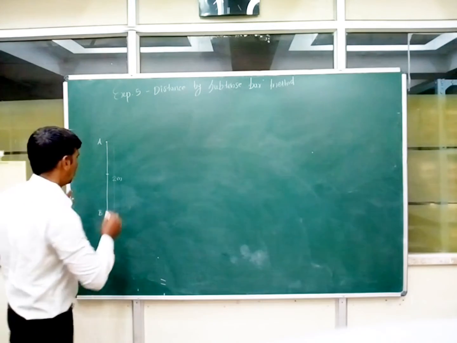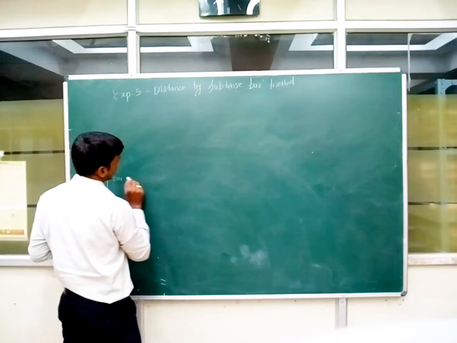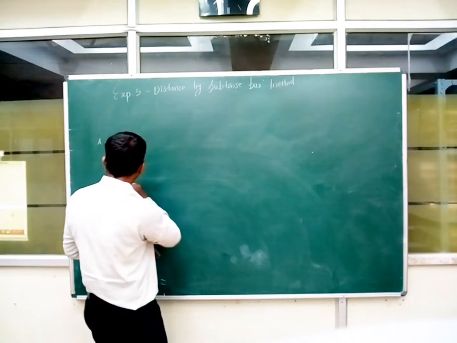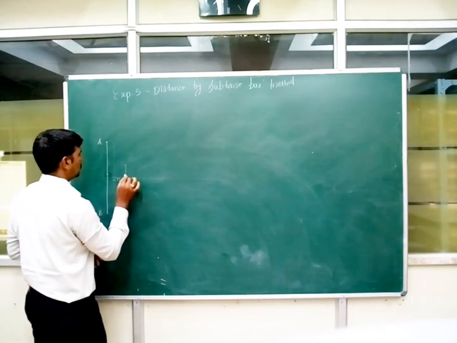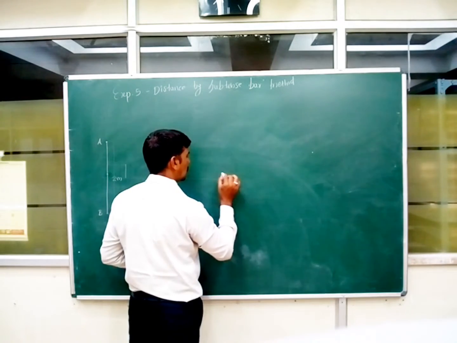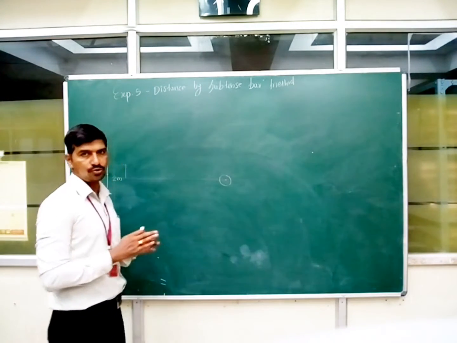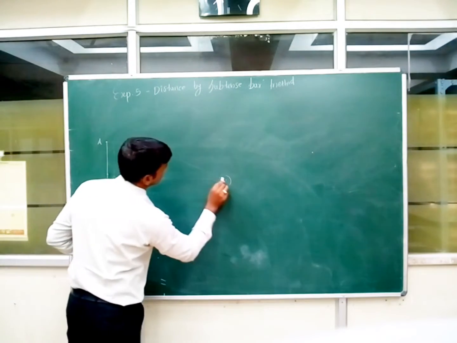Target A and target B are the important parts. Now, from the center, on this perpendicular line which I have drawn, we have to keep the theodolite. From the theodolite we have to measure this angle.